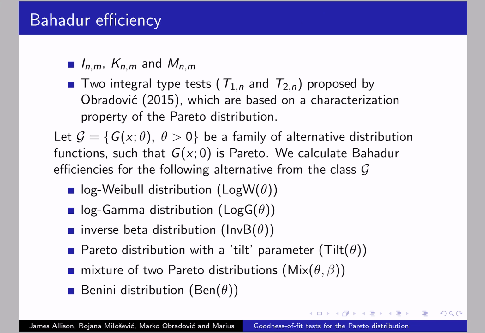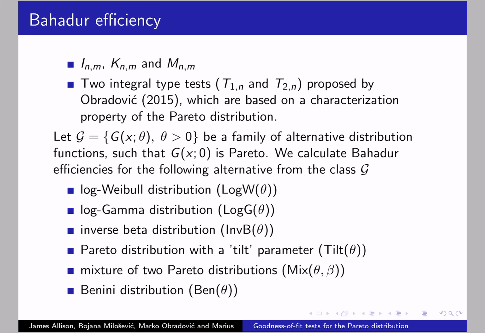Now let script G be a family of alternative distribution functions such that G(x;theta) at theta zero is Pareto. So we will calculate the Bahadur efficiencies for the following alternatives from the class script G. The ones we considered are the log-Weibull distribution, log gamma, inverse beta, Pareto distribution, mixture of Pareto distributions, and the Benini distribution.